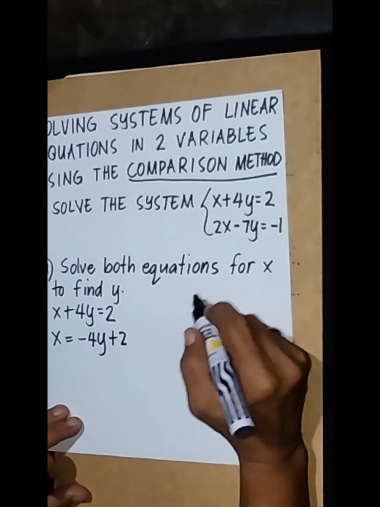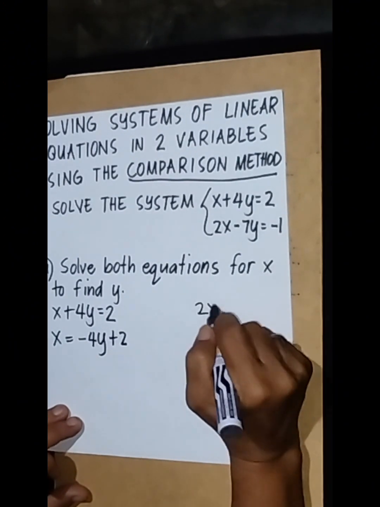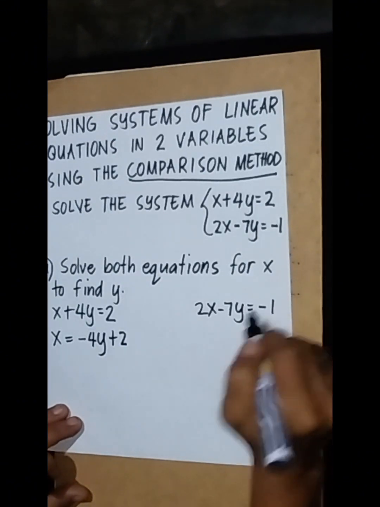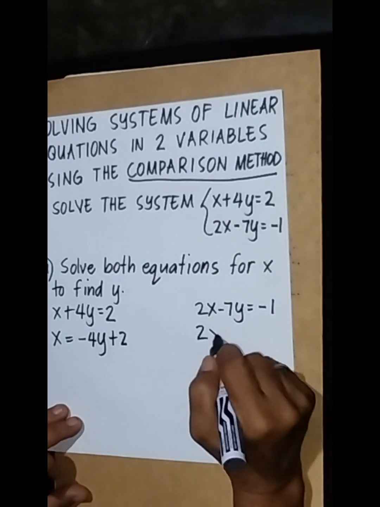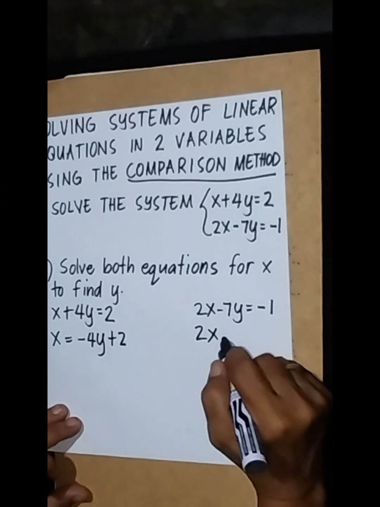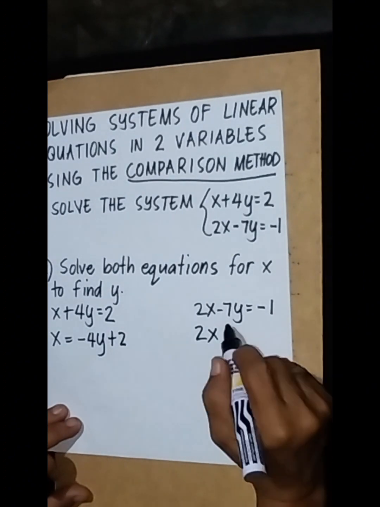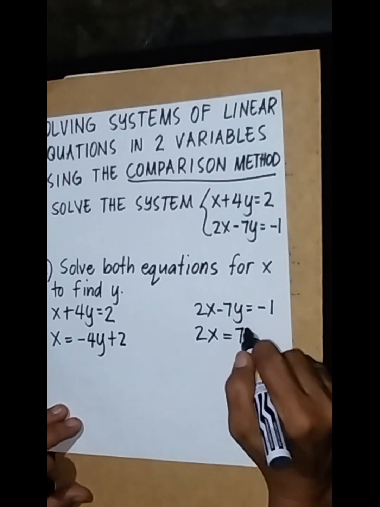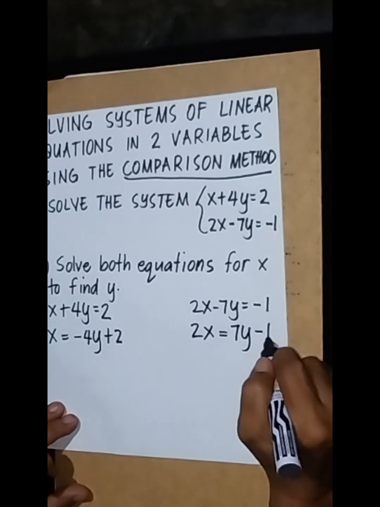Then the next equation, second equation, we have 2x minus 7y is equal to negative 1. So 2x, ilipat po natin ang negative 7y to the right side. So magiging positive na po siya. 7y minus 1.